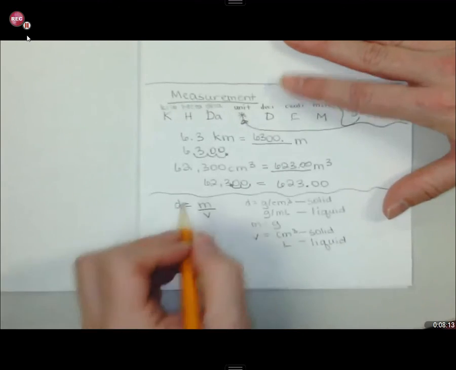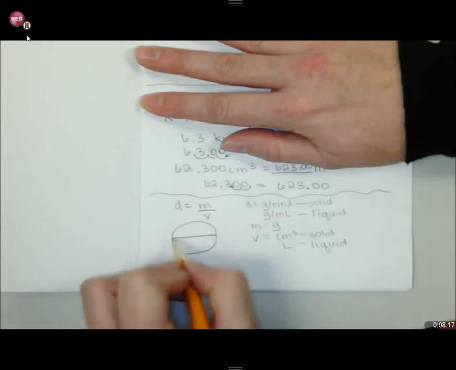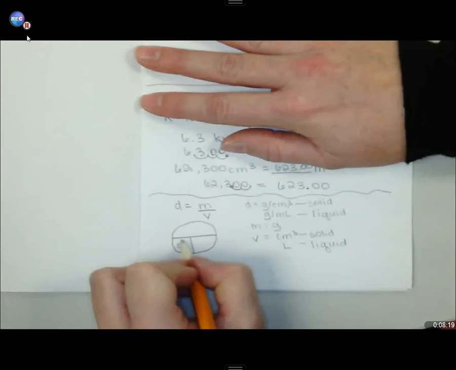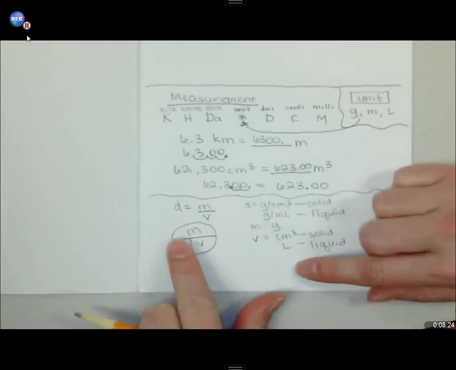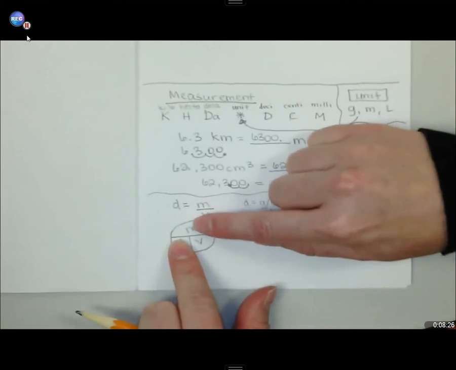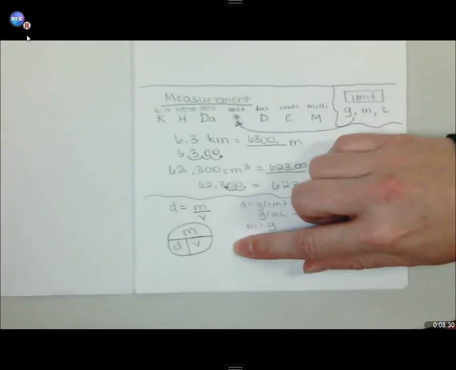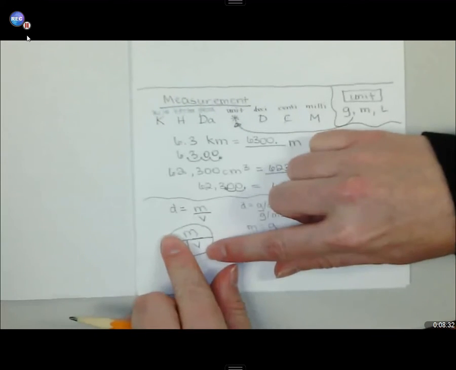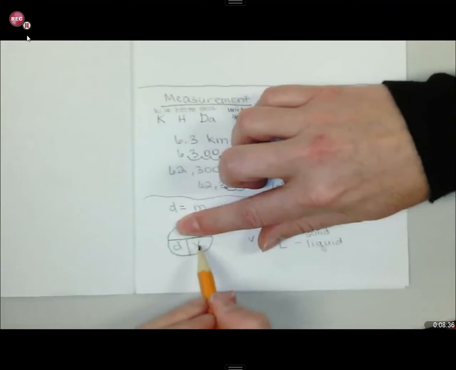Another thing that you can consider is to do the circle. D equals M over V. So if we cover D because we're looking for density, it's mass over volume. When the line's right here, it means divide. So mass over volume. Now, if you were looking for mass, D and V are left.